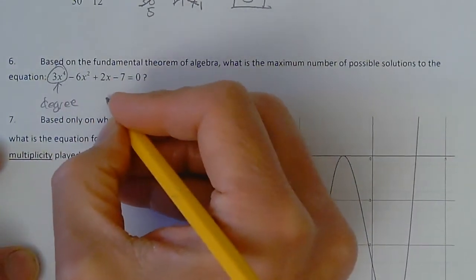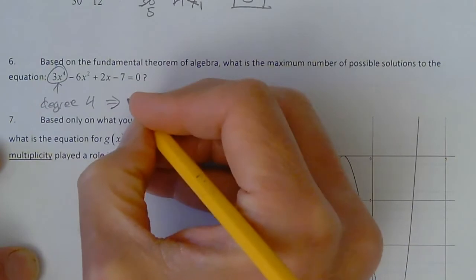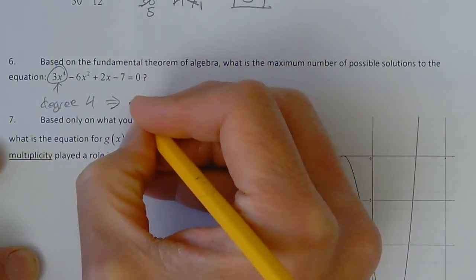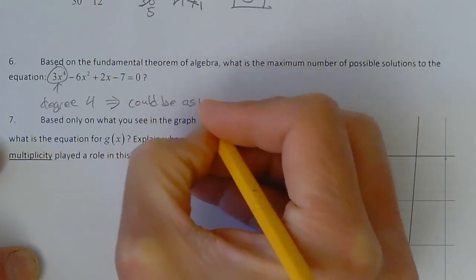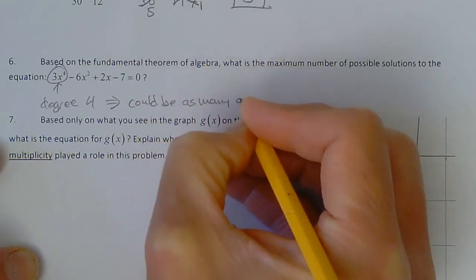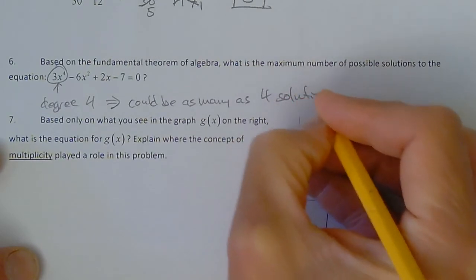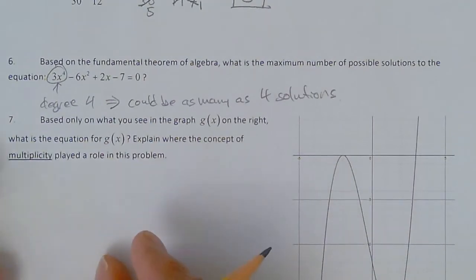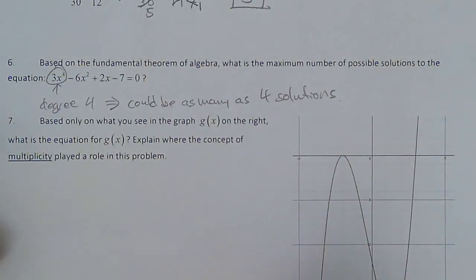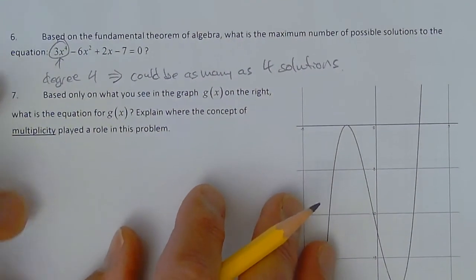And so since it has degree 4, therefore there could be as many as 4 solutions. Doesn't guarantee that they are, and some of those solutions could be repeated solutions. That's our idea of multiplicity, and some of them might be imaginary or complex solutions.